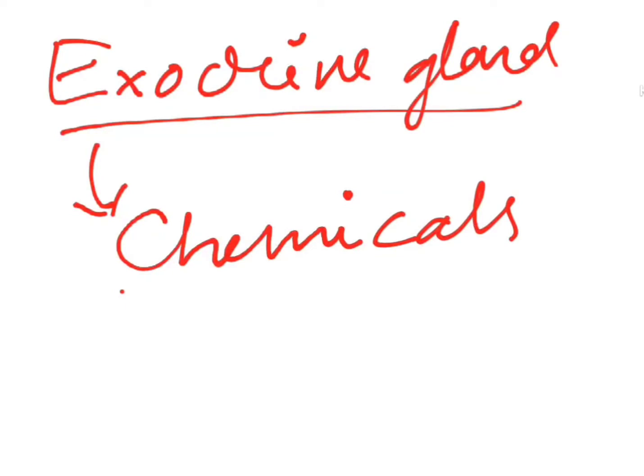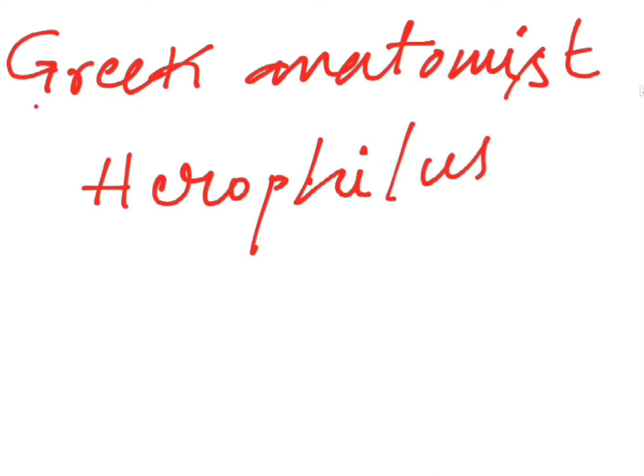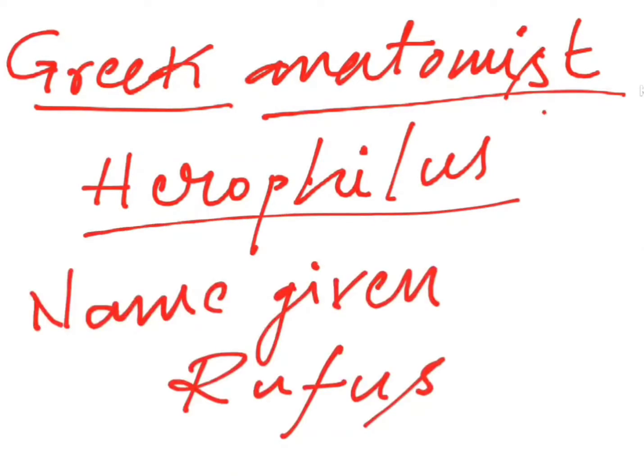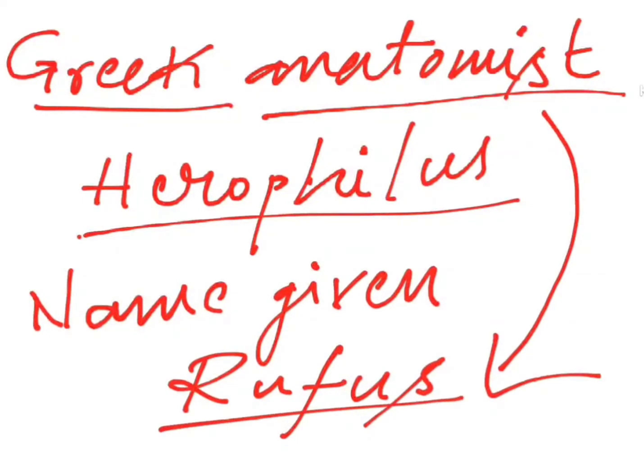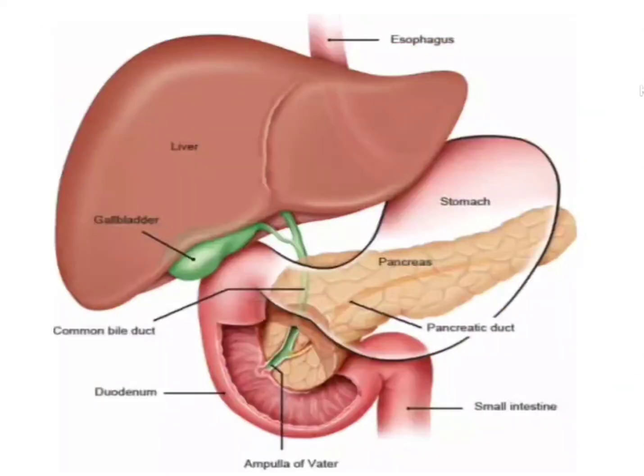In exocrine glands, the chemicals produced are not released into the bloodstream; instead, they are released through ducts. The pancreas was identified by a Greek anatomist named Herophilus, and the name was given by another Greek anatomist called Rufus, about 100 years after Herophilus discovered it.